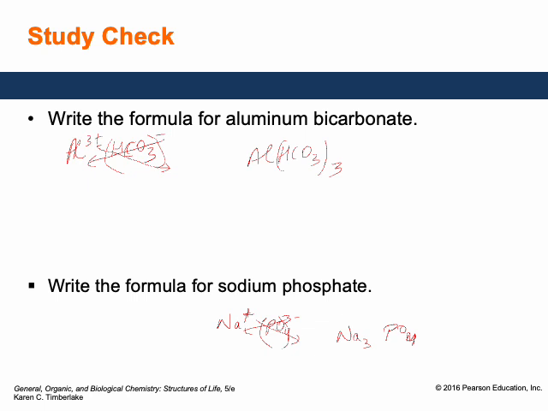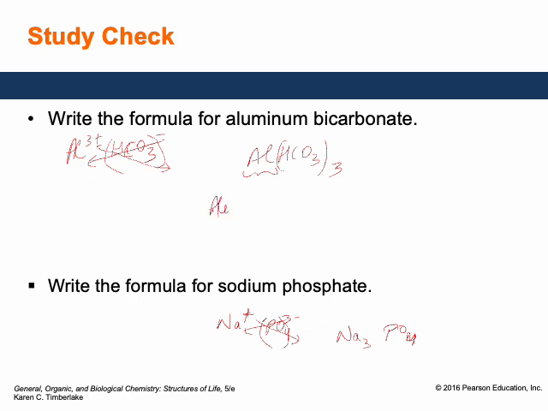Now the question is, can I do the reverse? If the formula is given to you, can you go back to the name? How would we do that? Again, naming is simple. You write the name of the metal followed by the name of the anion. Name of the cation, name of the anion. What is this? This is a type 1 metal, so I know type 1 always carries the same charge, so I don't need to show what charge it has.